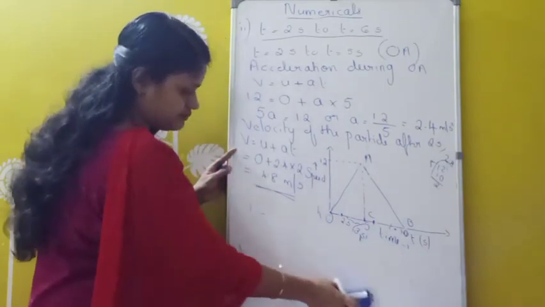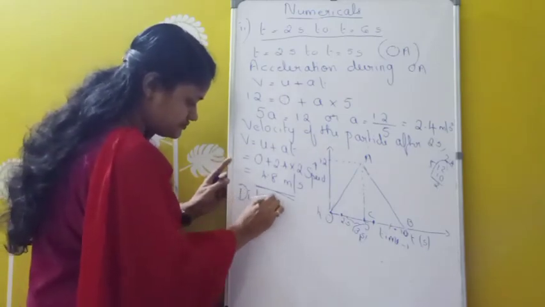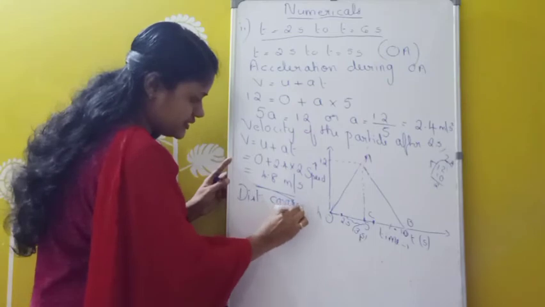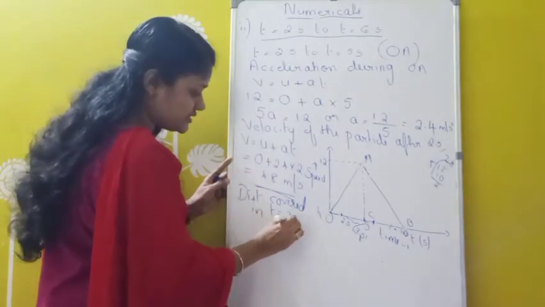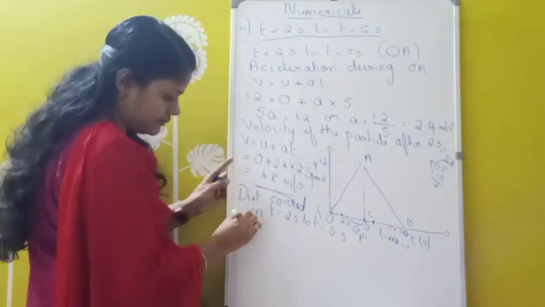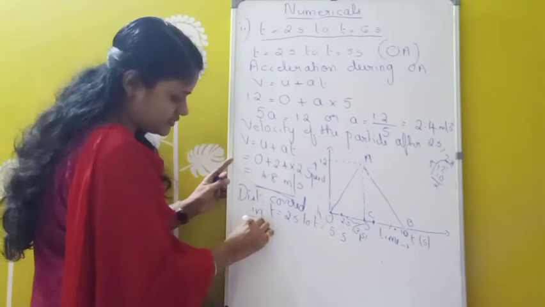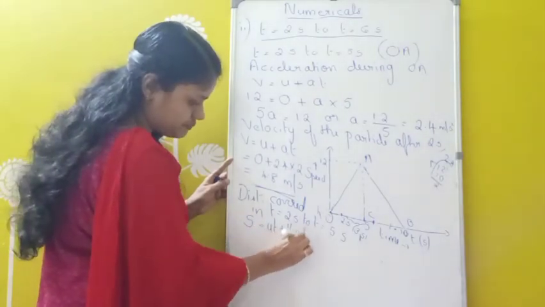So we have to find the distance covered in the time interval t equals 2 seconds to t equals 5 seconds. I am taking the formula s equals ut plus half at square.